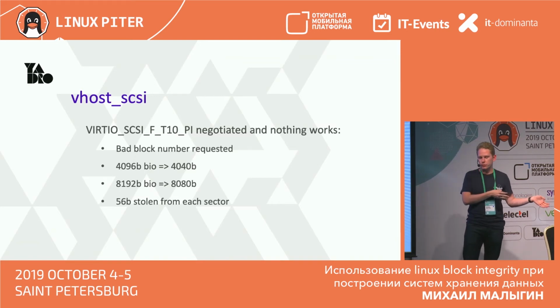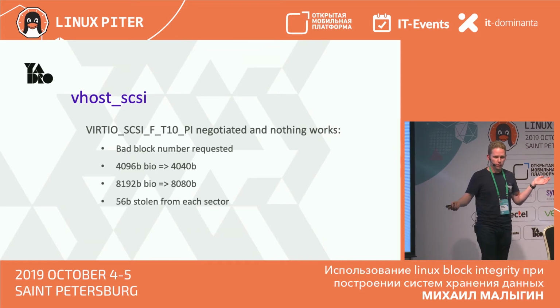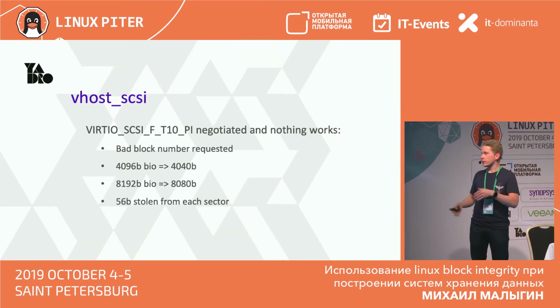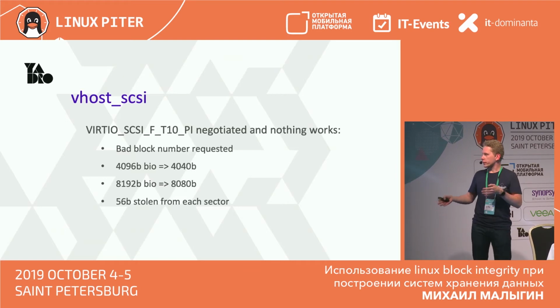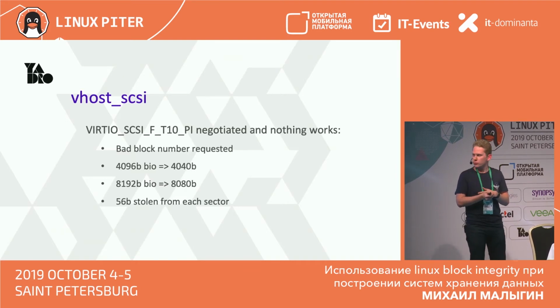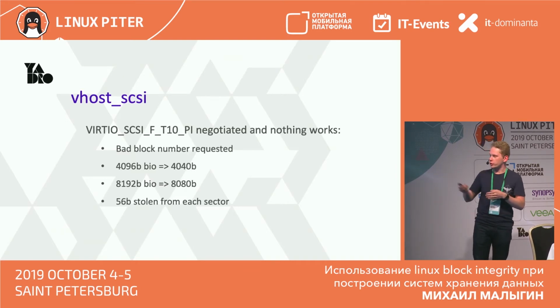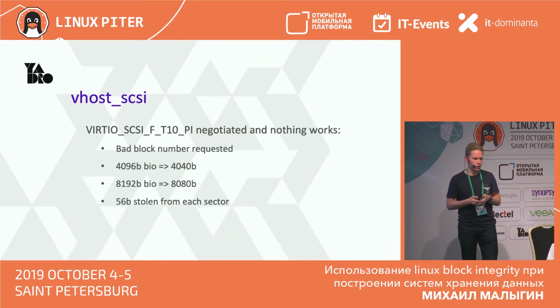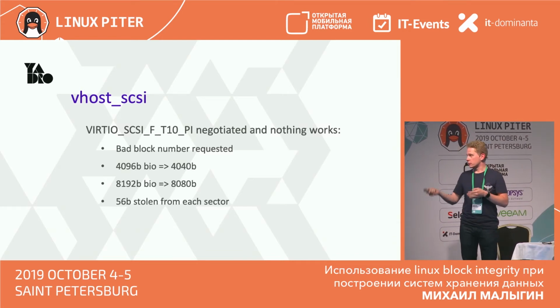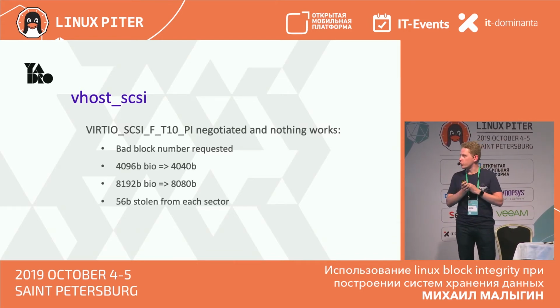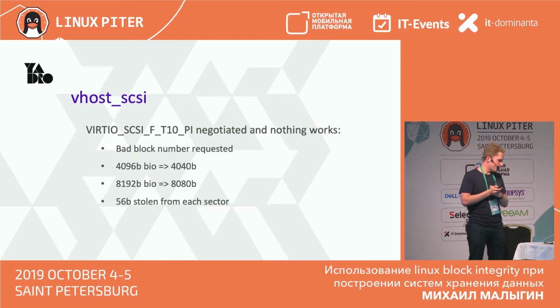But a bad block number request probably means that the block size is inadequate. Logs on the host said that we have an unbalanced block size, and 66 bytes are stolen from each request. If you send 80 kilobytes and this amount is stolen, we add logs to everything that we can add to.